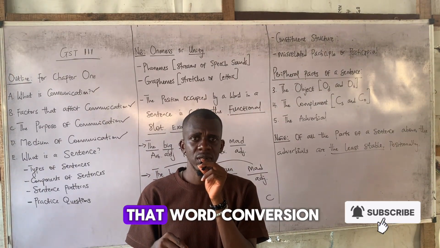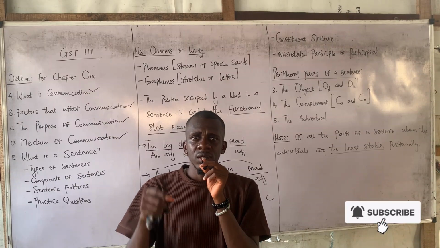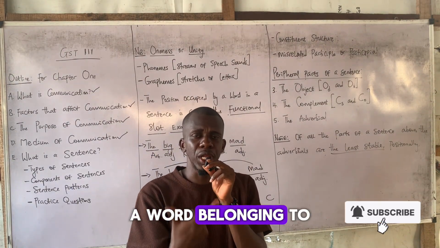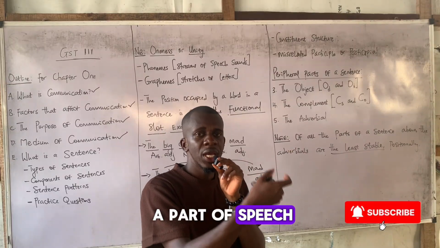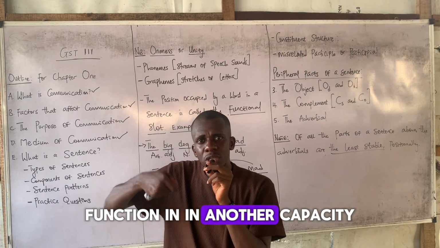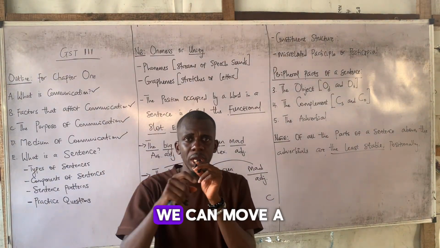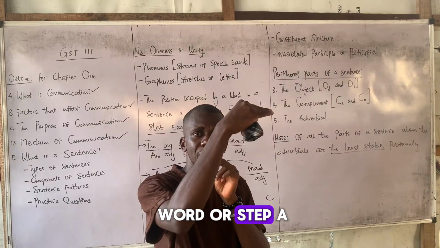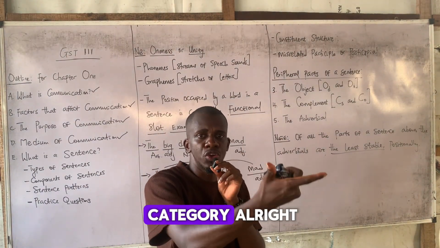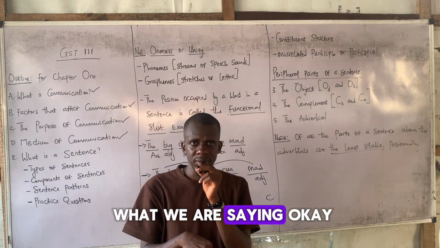Please take note of that. Word conversion. So what are we saying in earnest? Via a process called word conversion, a word belonging to a part of speech can be made to function in another capacity. That is to say, we can move a word from its original syntactic category into another one. That's what we are saying.